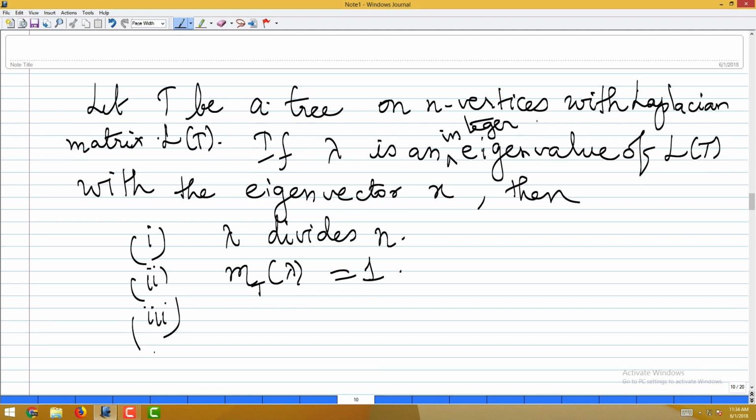And further we can also say that every component of the corresponding eigenvector x, okay, it is going to be non-zero. Your vector will have only non-zero entries in that. Okay. So, no coordinate of x is 0.